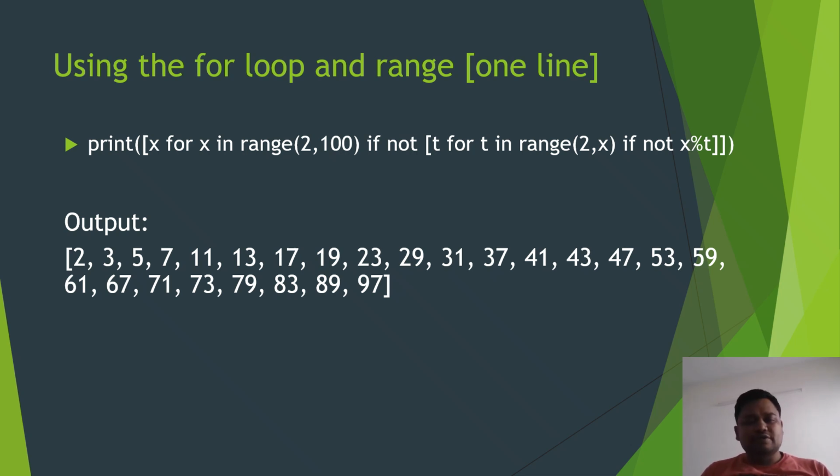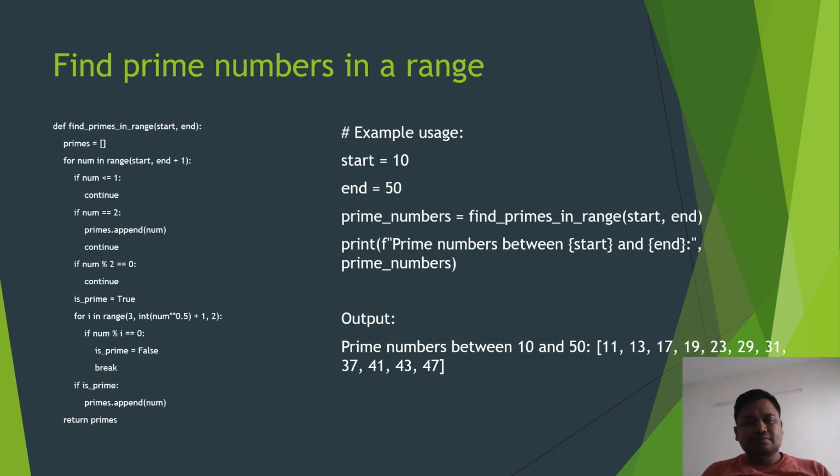So the prime numbers are 2, 3, 5, 7, 11, 13, 17, 19, 23, 29, 31, 37, 41, 43, 47, 53, 59, 61, 67, 71, 73, 79, 83, 89, and 97.